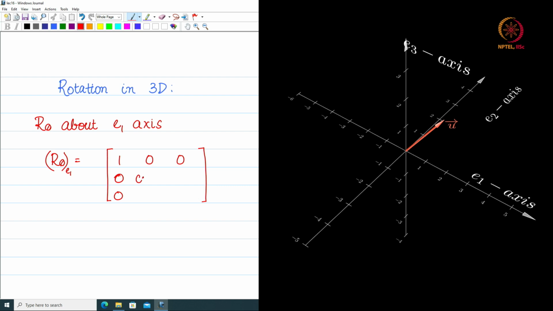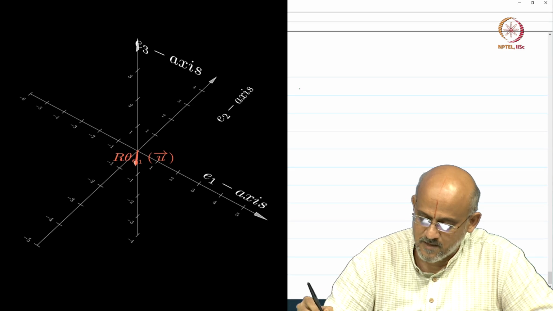So, I am going to have cos theta, sin theta, minus sin theta, and cos theta. What does this say? One of my axes is fixed and I am going to rotate about that axis in a plane, in this case the x2 x3 plane. Similarly, I can have rotations about the other two axes.